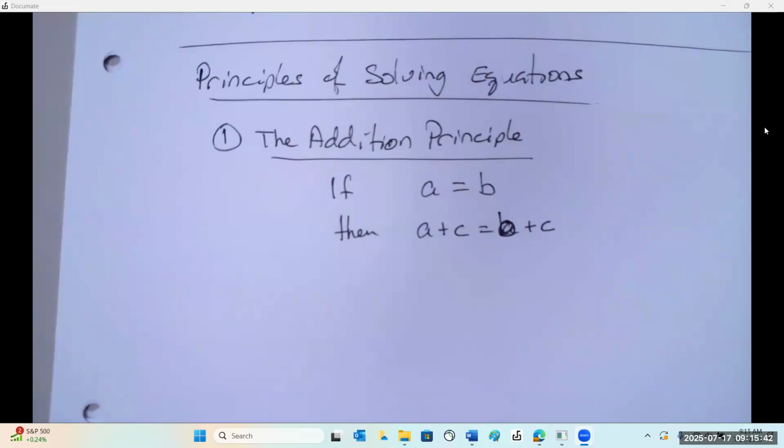Why is that important? Does it have to be addition? It can be subtraction also. When will we use something like this?